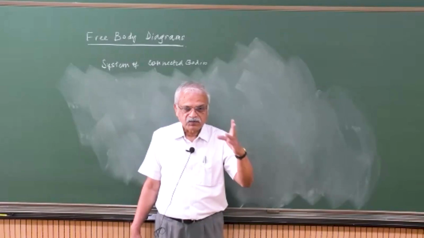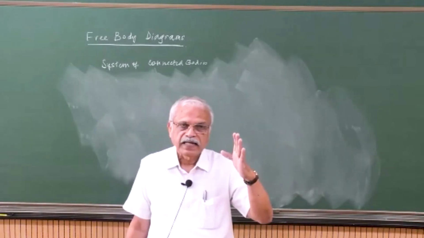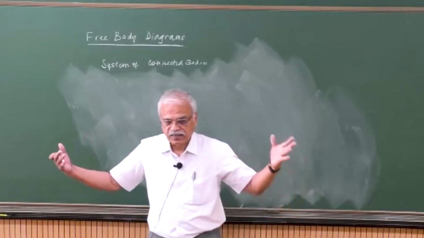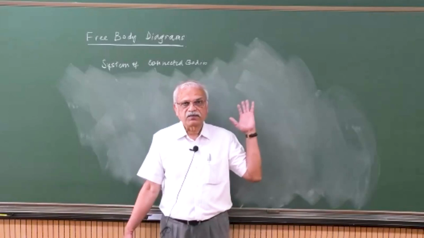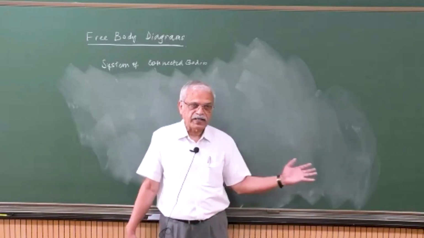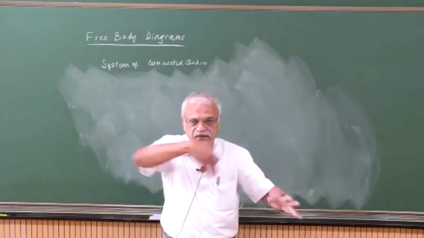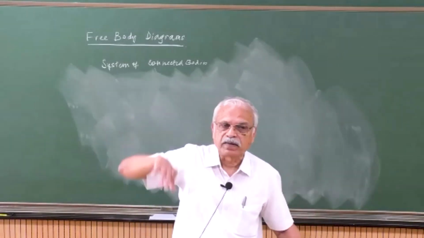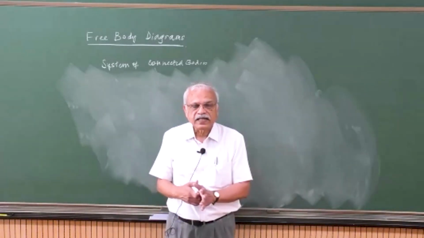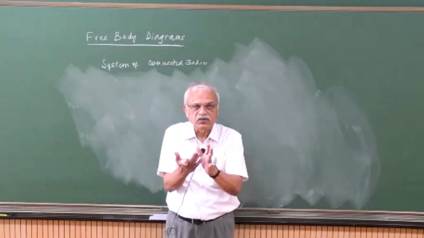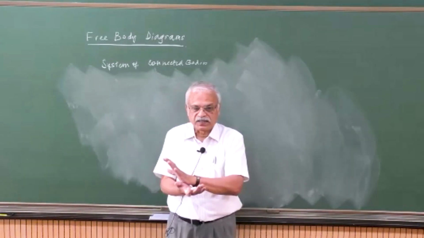If it is a pin, obviously there is an arbitrary force which is coming, Fx and Fy, but we are not getting a moment. Just like when we broke the body arbitrarily, then you require two forces and a moment. So if you break it at a pin, you don't get a moment. So you are introducing only two unknowns, but in that process, you are getting three equations.